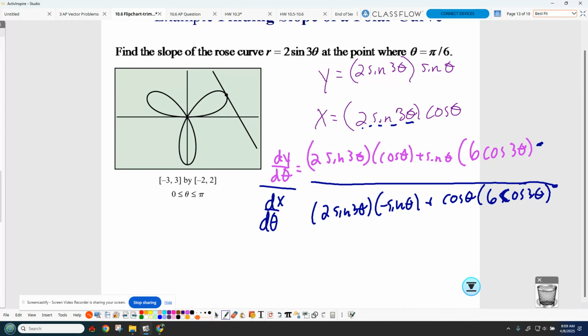I always think about it again, make sure I didn't make a mistake. And again, I would not clean up. I would plug in here dy/dx when theta is pi over 3. Some things are going to go away or at least become nice.